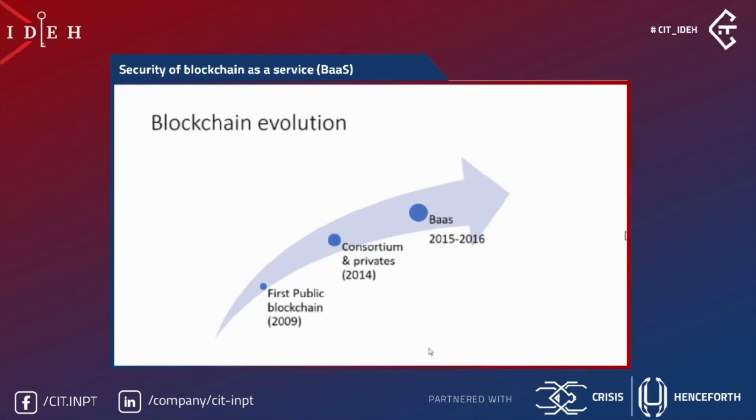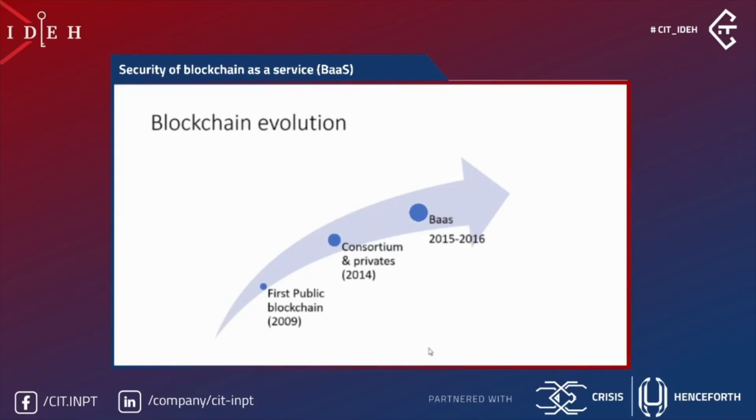Then we evolved toward consortium and private blockchains, and we extended these toward what we call blockchain as a service, which is basically a category of cloud computing service that provides a platform allowing customers to develop and manage blockchain applications without caring about the complexity of building and maintaining the infrastructure required for a blockchain-based project.